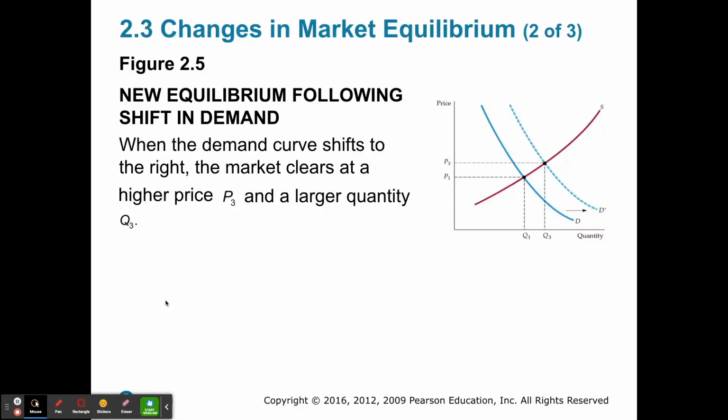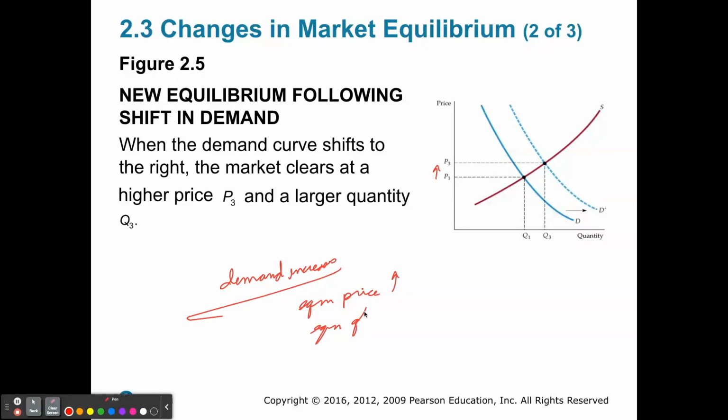And here you see the demand curve increasing. So when demand increases, you see the equilibrium price rising, and we see the equilibrium quantity rising.